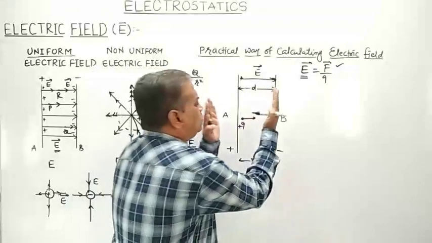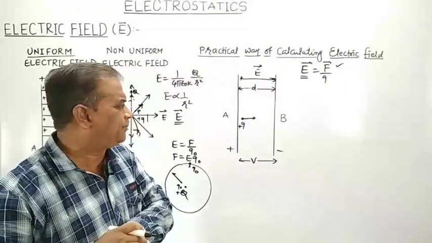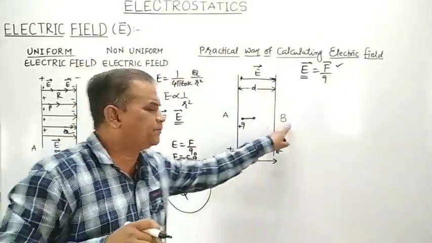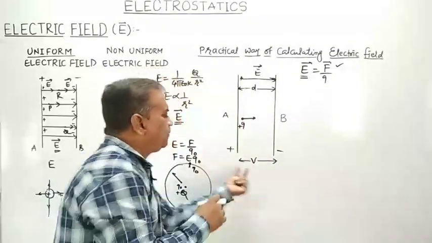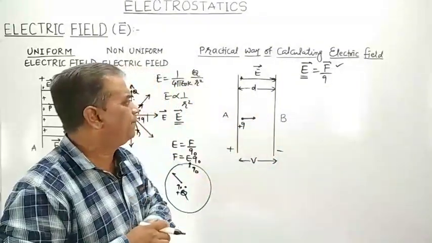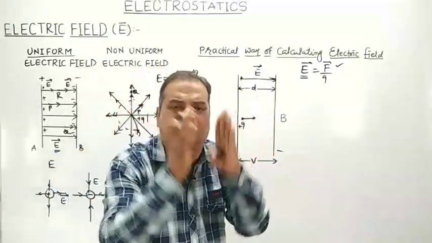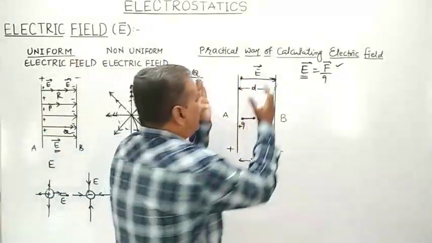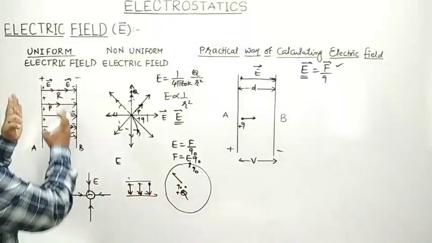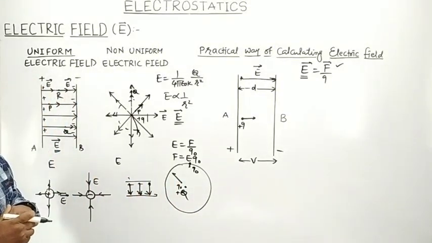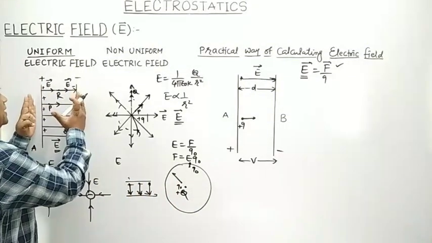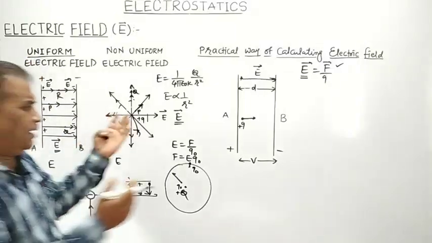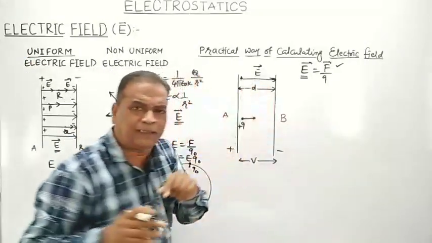So we are having two parallel metallic plates A and B. A is given positive charge, B is given negative charge, V is the potential difference between them, and small d represents the distance of separation between them. You know very well that the electric field in the space between parallel charged plates is uniform. So here also a uniform electric field is present.